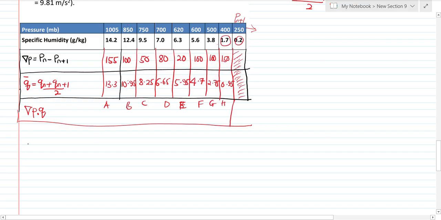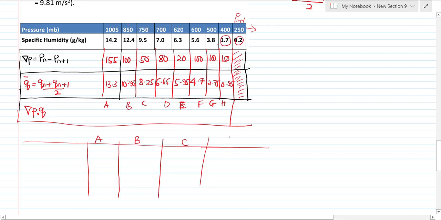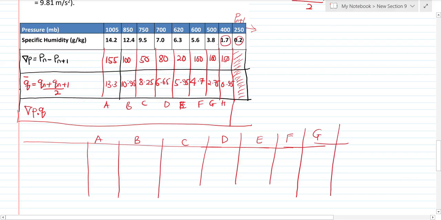So A, B, C, D, E, F, G, and H. So the first one, we are going to multiply these.